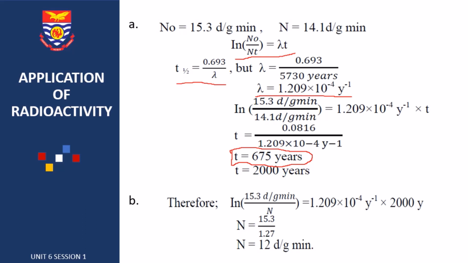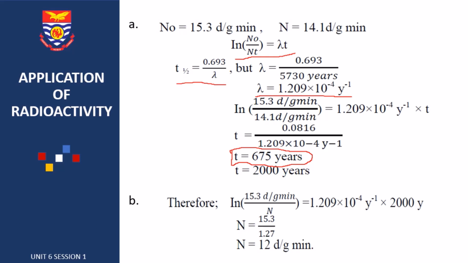Now to answer the question, part B is asking us to find the count rate if the shroud was 2,000 years old, which means that we need to find the final activity. Let's assume that the shroud lived for 2,000 years. We already have all the parameters that we needed.